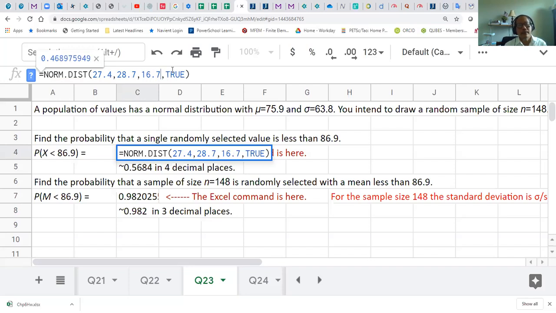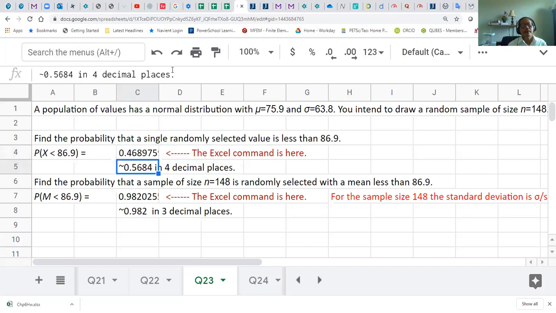Enter. And you need to round to 4 decimals, so the answer will be 0.4690, right?